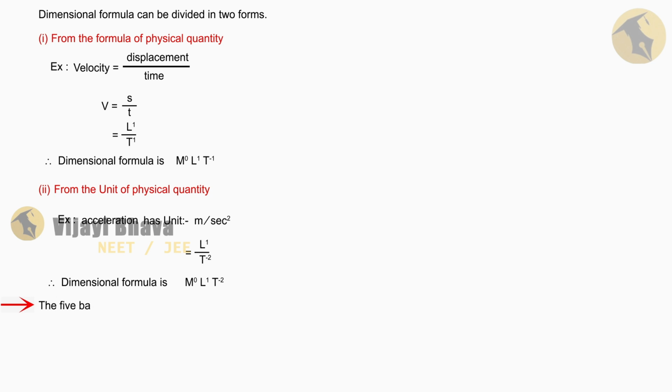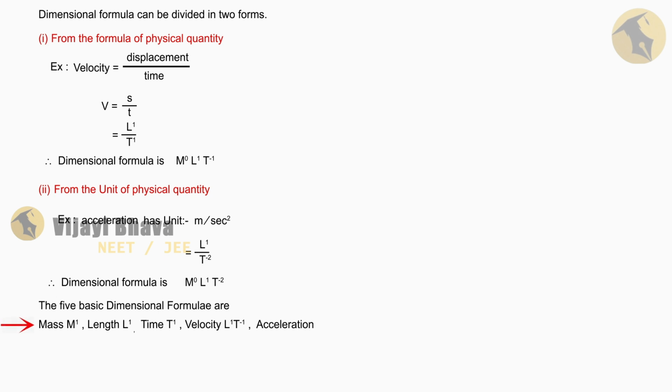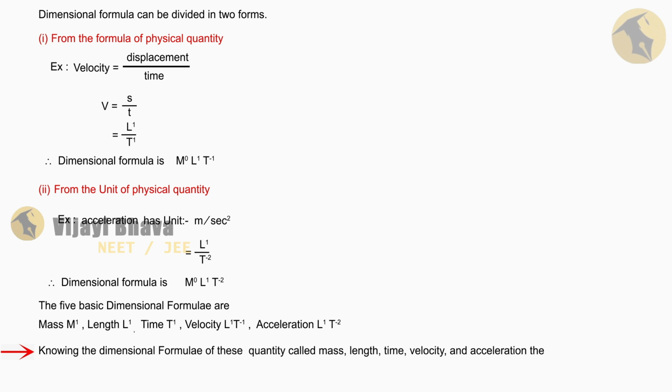The 5 basic dimensional formulae are mass M1, length L1, time T1, velocity L1 T minus 1, acceleration L1 T minus 2. Knowing the dimensional formulae of these quantities called mass, length, time, velocity and acceleration, the dimensional formulae of most of the physical quantities that we come across in physics can be derived.